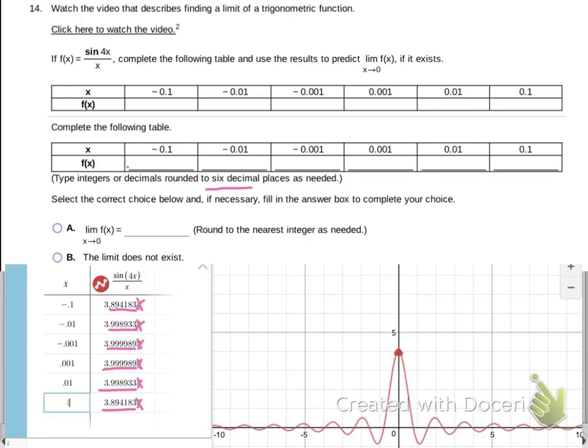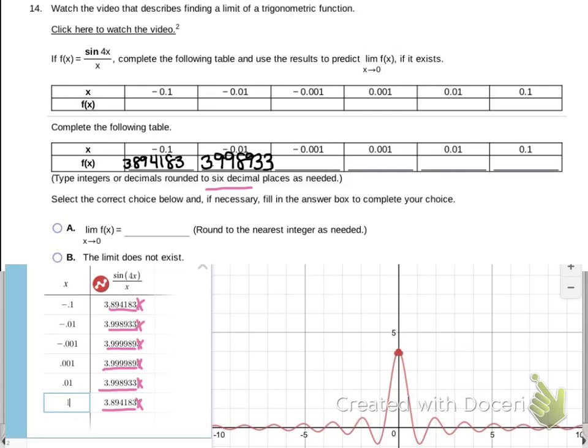I'm looking at the wrong problem. 3.894183. 3.998933.